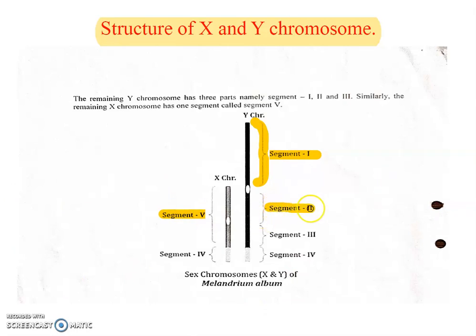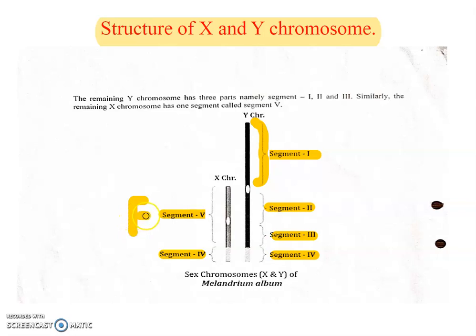Segment 2 and segment 3 are responsible for pollen development, anther production. And segment 4 makes a pair with the X chromosome. For pairing, segment 4 is common, so that they make a pair. And segment 5 is for femaleness.